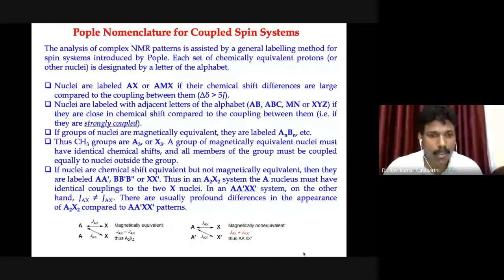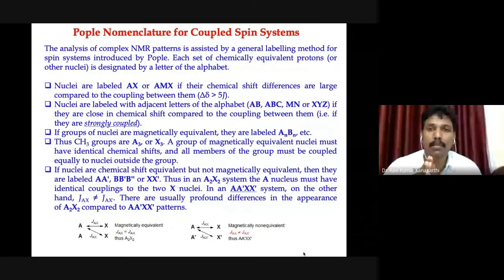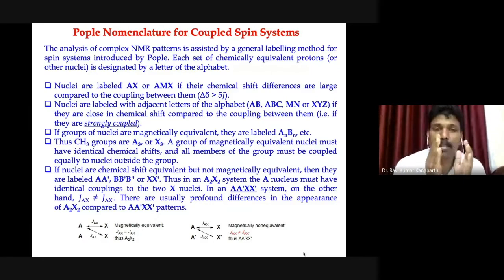Are you following? Pople notation is very simple: a set of chemically equivalent protons is represented with a letter of the alphabet. If they are close by, we represent them with closely separated letters like AB. A and B are adjacent. If NMR peaks are very close by, we label them AB.